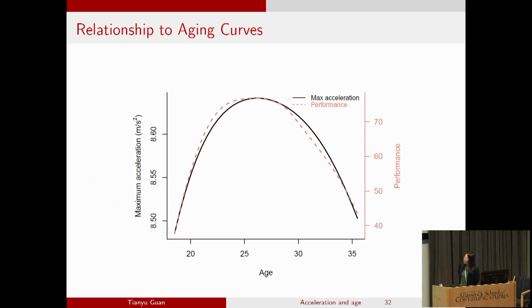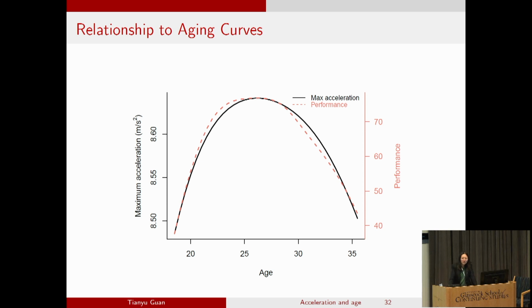At the end, we also have a comparison of our average maximum acceleration curve with some other aging curves provided in another paper. We can see that although the y-axis scales are different, the resemblance in shape is amazing, right? They all reach the plateau almost at the same time.